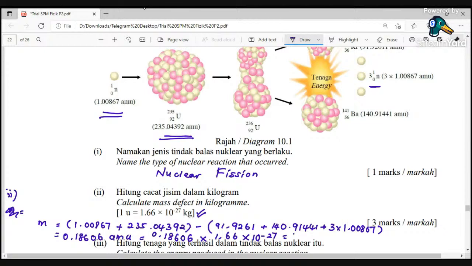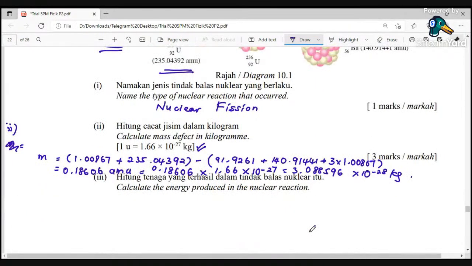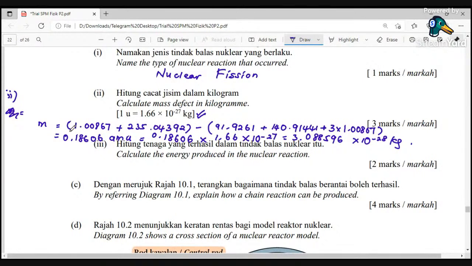Okay, so you will get 3.088596 times 10 to the power negative 28 kilogram. Okay, don't round off. Just write. If the question gives up to 5, you can put 5 decimals or 6, follow accordingly.